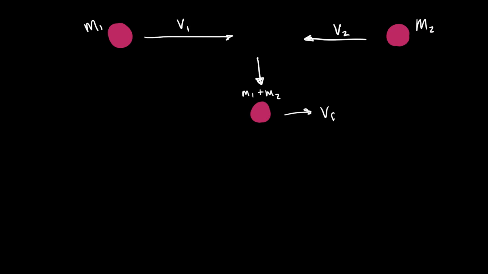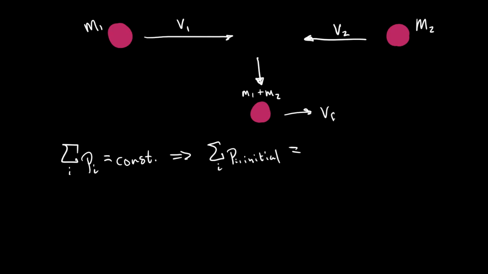So we know that the sum of my momenta, the sum over i of p_i, is equal to a constant, which means that the sum over i of p_i in the initial state has to be equal to the sum over i of p_i in the final state.